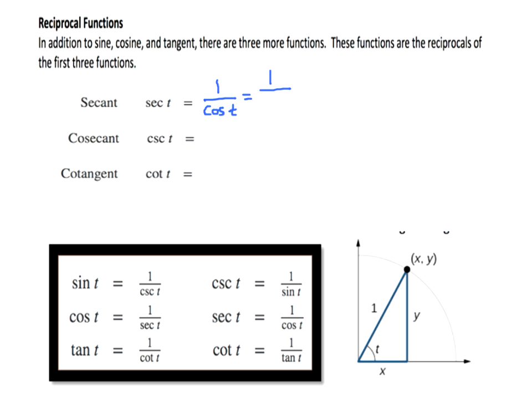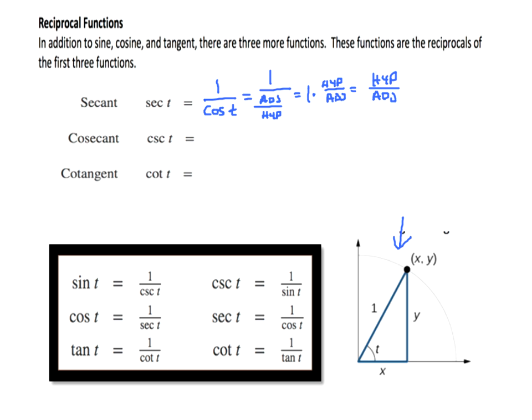Well, we know the cosine is equal to the adjacent over the hypotenuse. That's 1 divided by the adjacent over the hypotenuse. We never divide fractions. We multiply by the reciprocal, so this is 1 times the reciprocal, hypotenuse over adjacent. So we get that the secant is the hypotenuse over the adjacent.